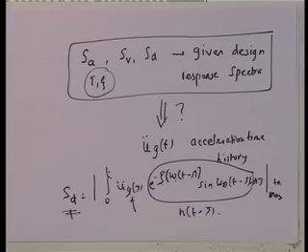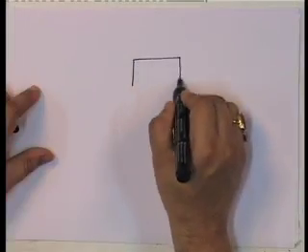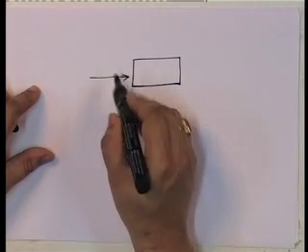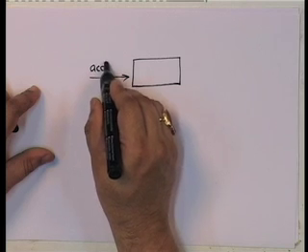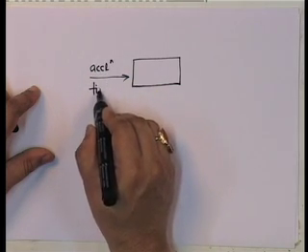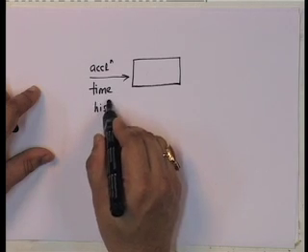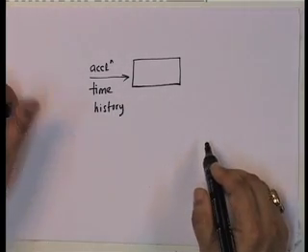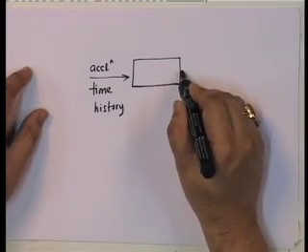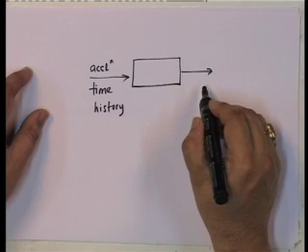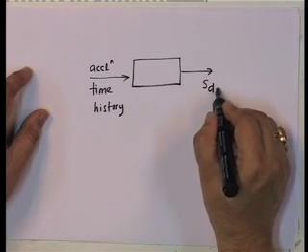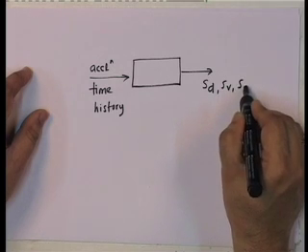Let me just draw this, it will be interesting for you to look at. Mathematically, input is acceleration time history, and output is SD, SV and SA.